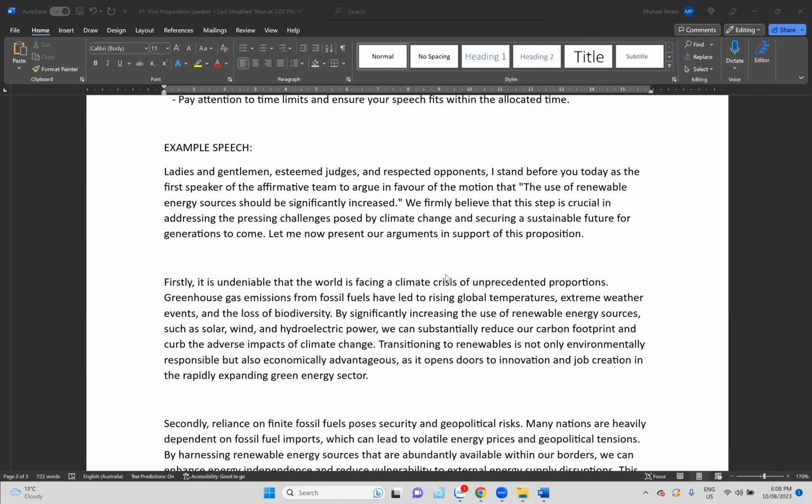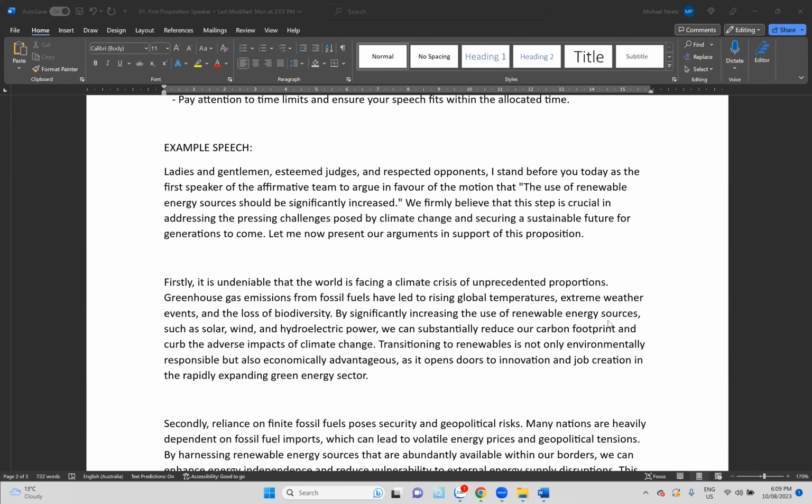We go on to explain now, provide a bit more detail. Greenhouse gas emissions from fossil fuels have led to rising global temperatures, extreme weather events, and the loss of biodiversity. So that's kind of evidence and explanation because we're providing examples of what's happening here, but we're also explaining the problem in more detail.